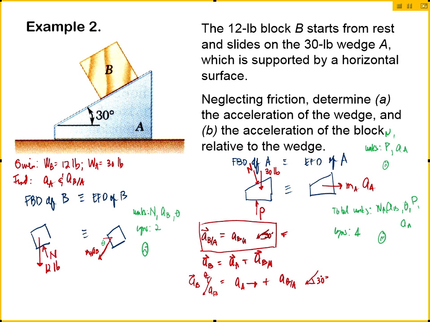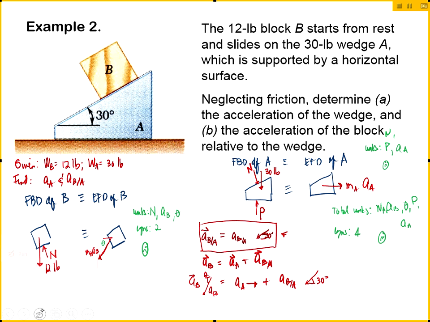Magnitude of A sub A and magnitude of B relative to A. The only difference is one of those unknowns, A sub A, is exactly the same unknown in the FBD of A. You see that? Which means that individually this would be unhappy, this would be unhappy, but together they will be happy because instead of having 5 unknowns, we'll only have 4.